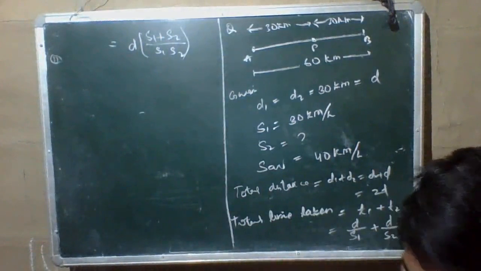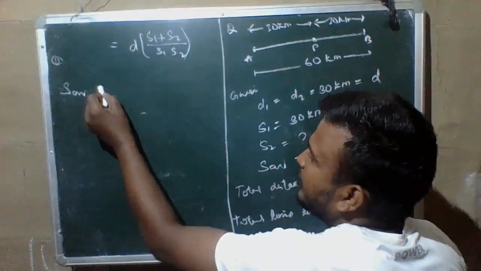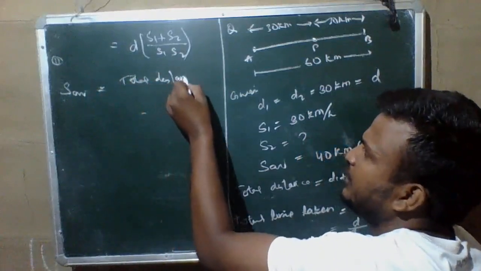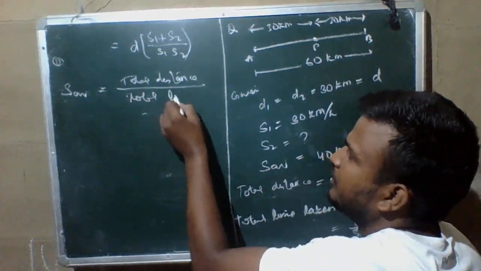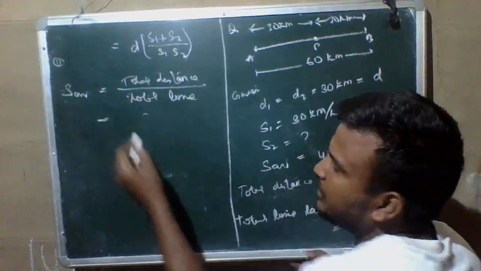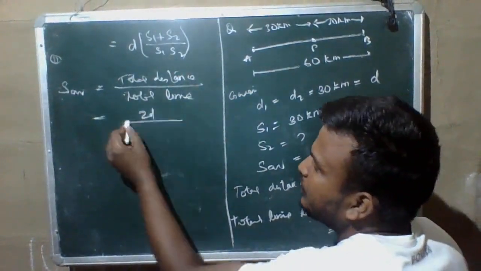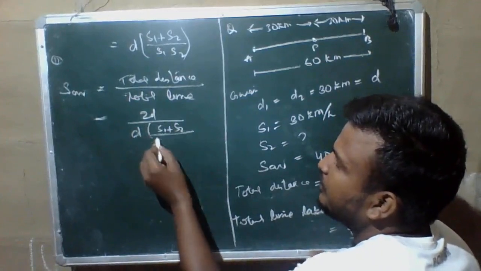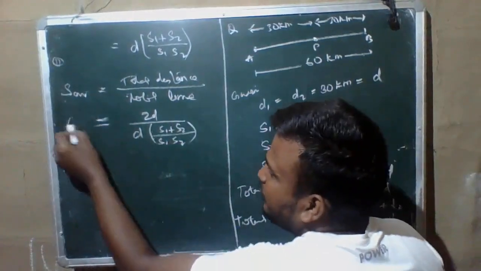Now average speed, what is the formula? S average equals total distance by total time. The total distance is twice d, and the total time taken is d times (S1 plus S2) divided by S1 S2, and the average speed is given as 40 km per hour.